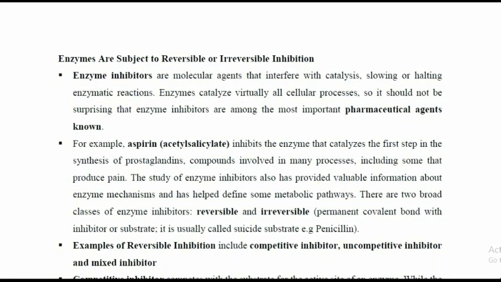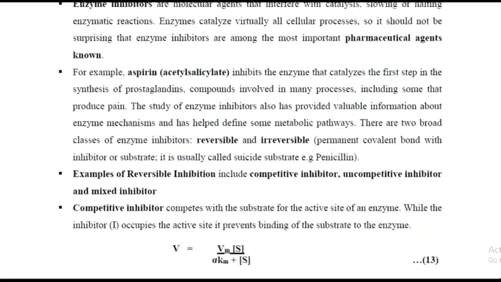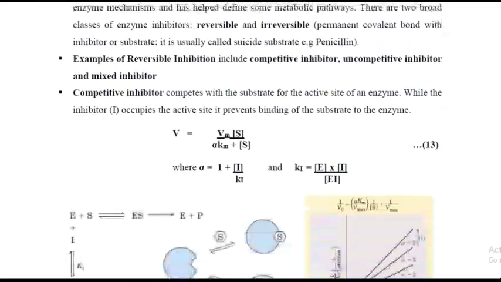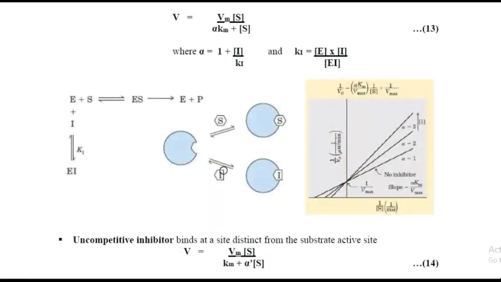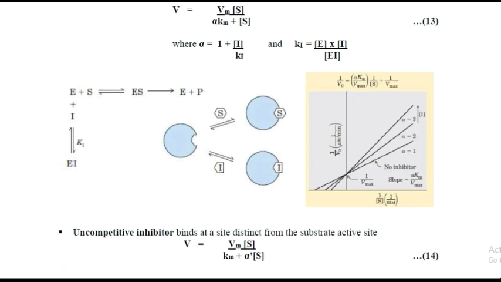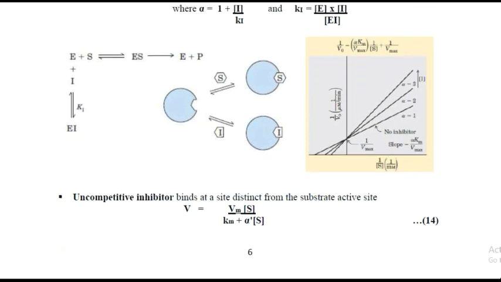Now, competitive inhibitors are inhibitors that compete with the normal substrate at the point of reaction, at the active site. They want to occupy the active site. So either the substrate binds to the active site of the enzyme or the inhibitor binds there.